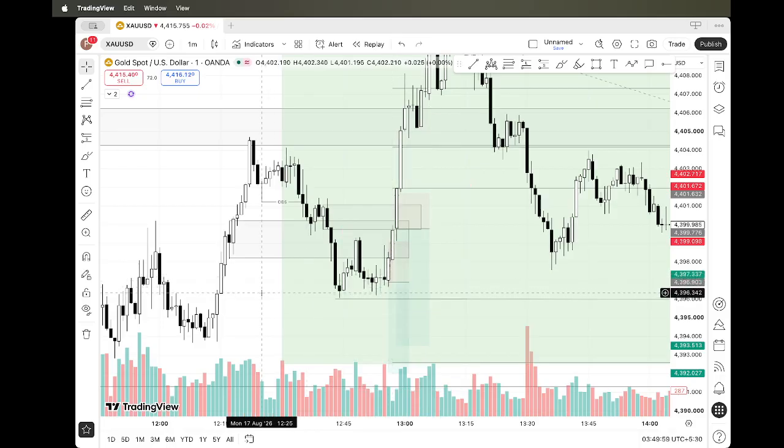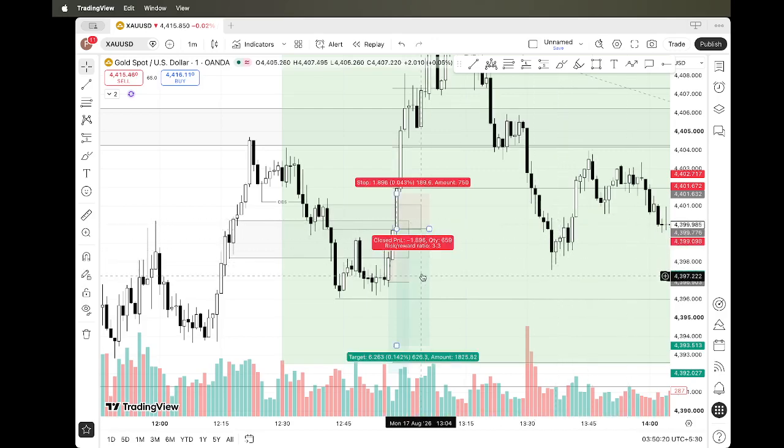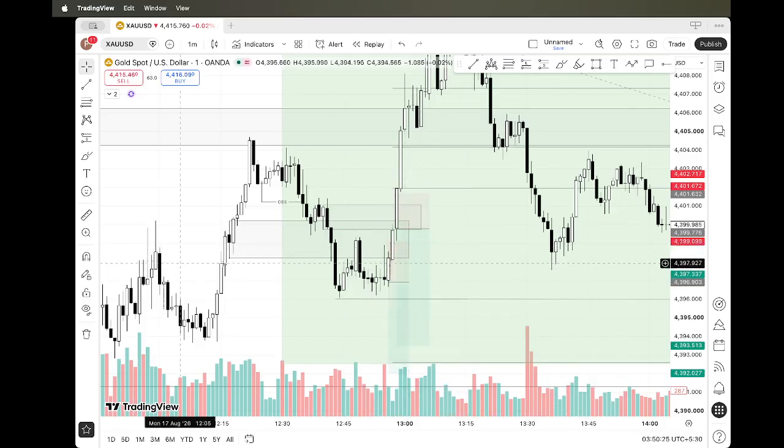So I thought, okay, I should take an entry, keeping this candle's high as the SL and planning for 1:3, and I quickly regretted my decision of not sticking with my entry model. So I just got stopped out and ended up in a loss.